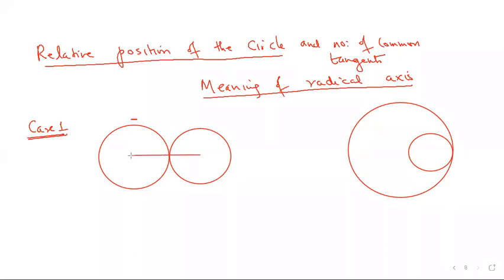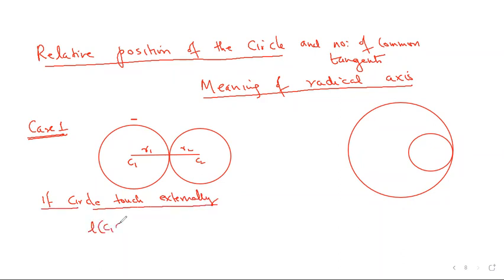When you know the equation of a circle, we know the center and we know the radius. If circles touch externally, what will be the speciality?